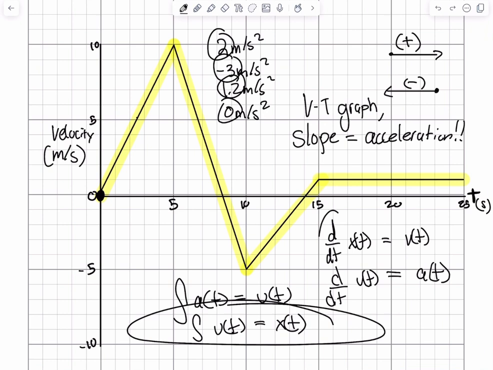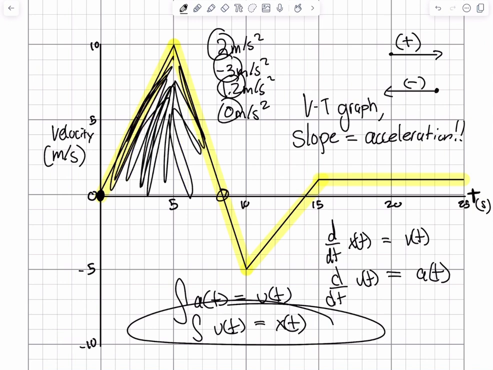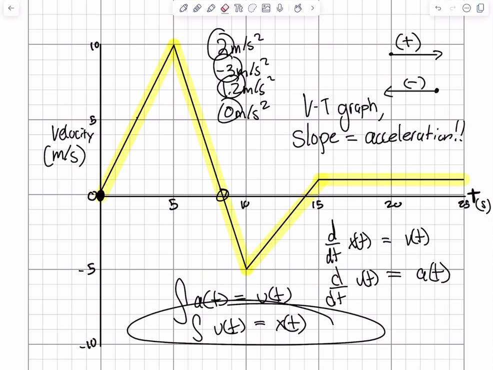Well, just like how derivative is slope, integral is area under the curve. What does that mean? It means, let's say I'm doing 0 to this time right here. This whole section here is the area under the curve. And apparently, the area under the curve is xt.